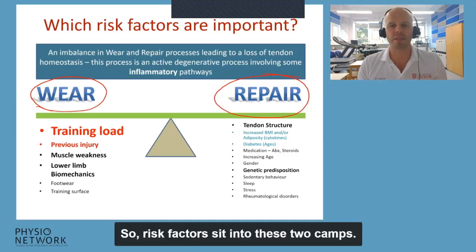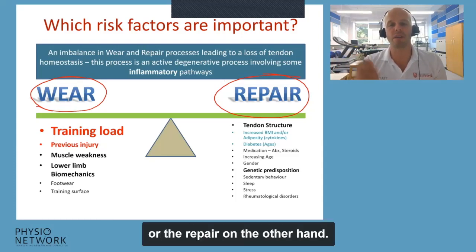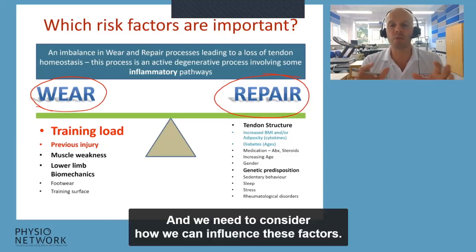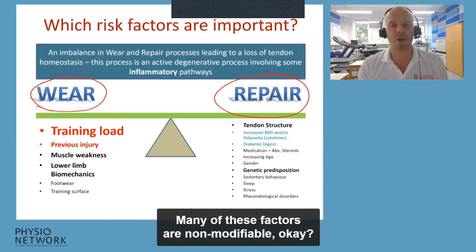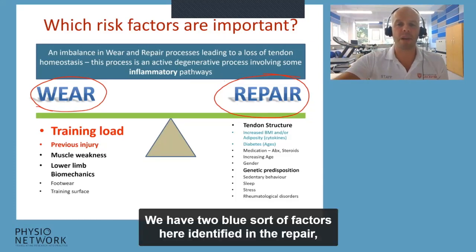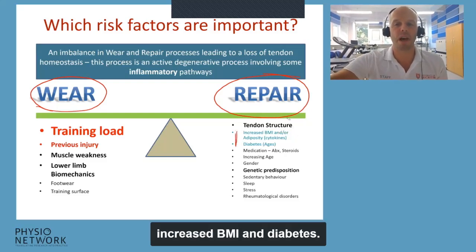So risk factors sit into these two camps. They either increase the wear on the one hand or the repair on the other hand. And we need to consider how we can influence these factors. Many of these factors are non-modifiable, okay? We have two blue factors here identified in the repair: increased BMI and diabetes.